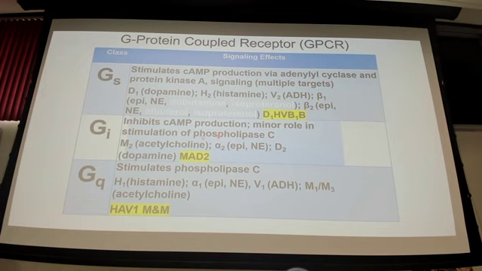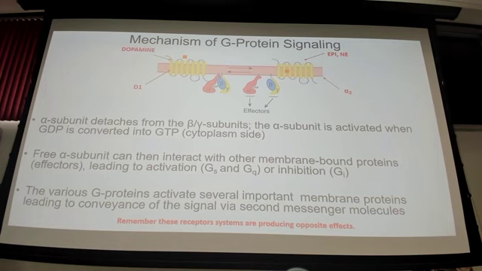All right, so if we look at G sub S and G sub I in particular, we know this mechanism. What's happening is, if this was the dopamine 1 receptor, dopamine would bind to the receptor, initiating the dissociation of the alpha subunit, and the beta gamma dimer would form.